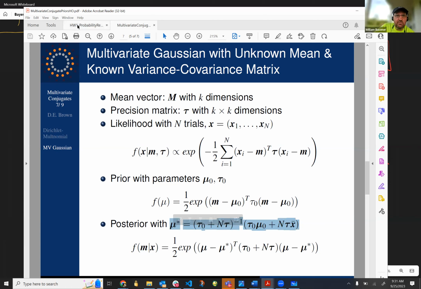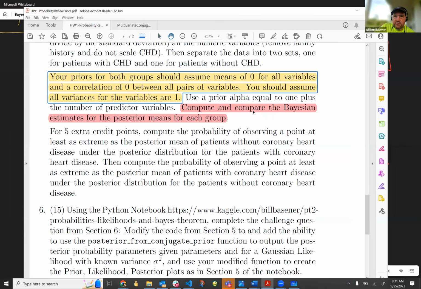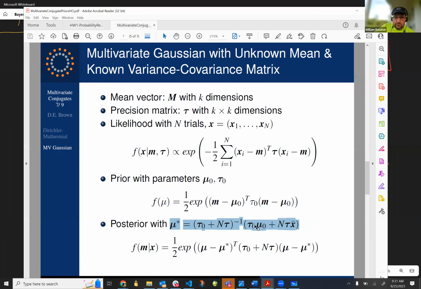Because if we come back to the problem, it says compute and compare the Bayesian estimates for the posterior means for each group. So here's our estimate for the mean.